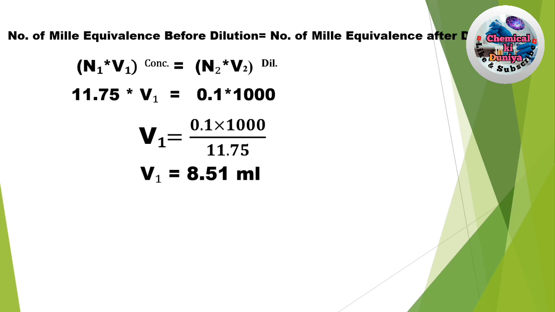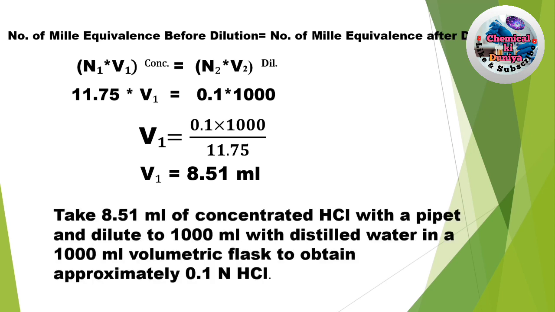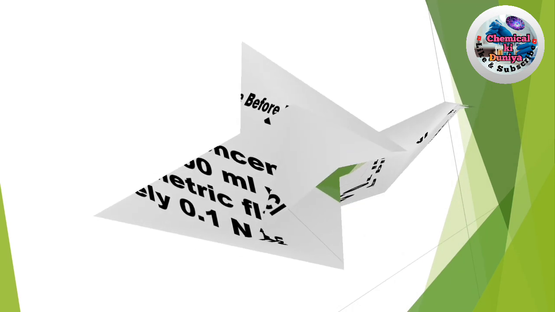So V1 is equal to 8.51 ml. So take 8.51 ml of concentrated HCl with a pipette and dilute to 1000 ml with distilled water in a 1000 ml volumetric flask to obtain approximately 0.1 normal hydrochloric acid.